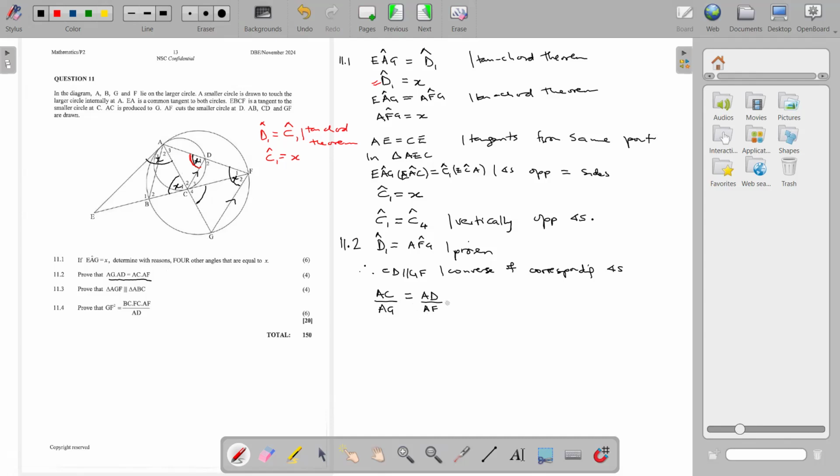And the reason for that is proportionality theorem.